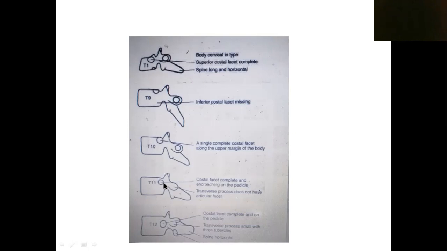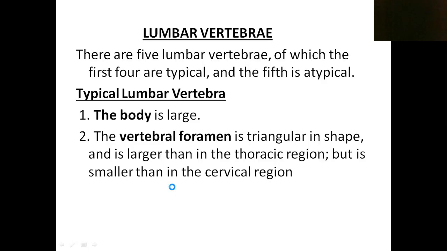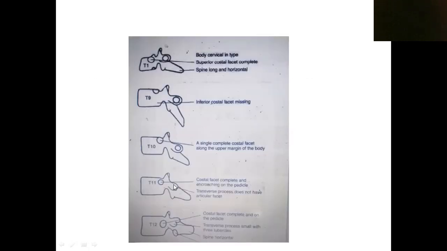But the 11th has one complete articular facet on the body, and the transverse process does not have an articular surface. Then the 12th has a complete articular facet towards the center of the body.